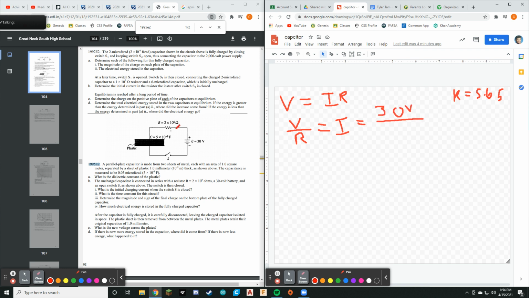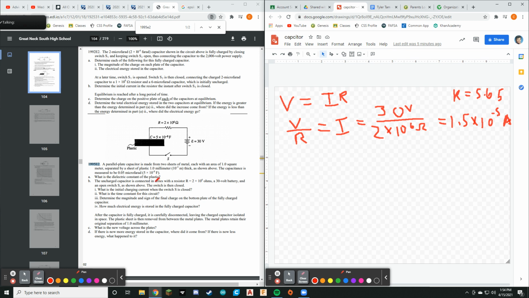And we know the resistance is going to be this 2 times 10 to the positive 6 ohms from that resistor. And we get the initial charging current, because it will start to decrease. It's 30 divided by 2 e positive 6, and we get 1.5 times 10 to the negative 5th amps.